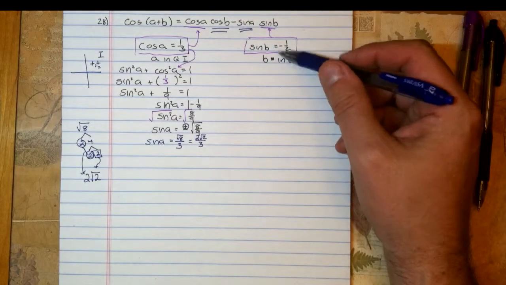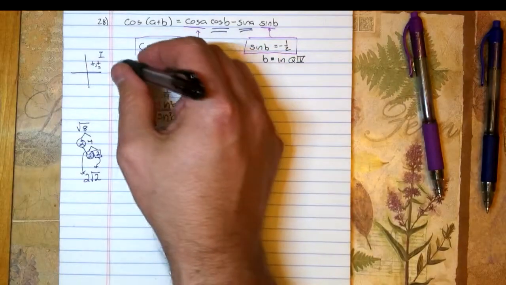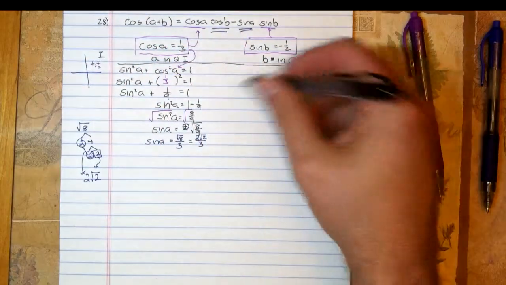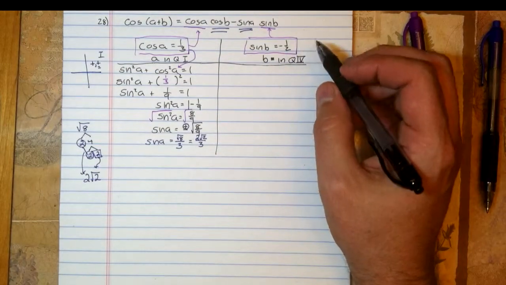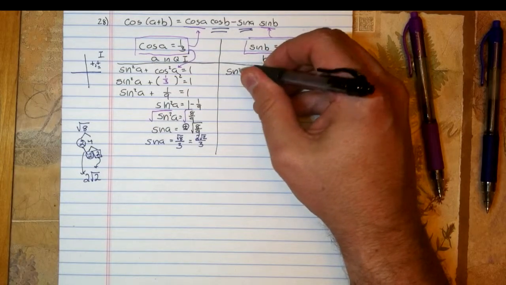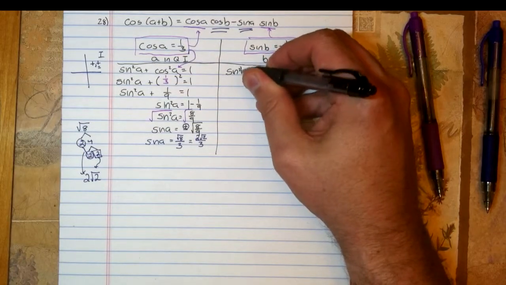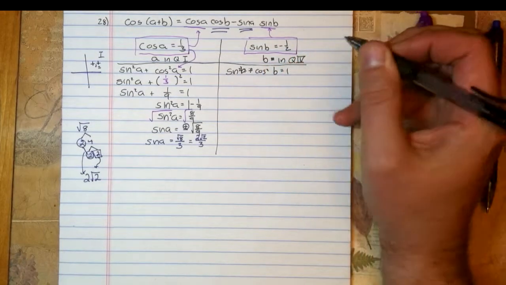So I'll do that by working from sine B. Since I know that sine of B is equal to -1/2, that's given information above the line, I'm going to start by saying what is sine squared B plus cosine squared B? Well, I know that equals 1.